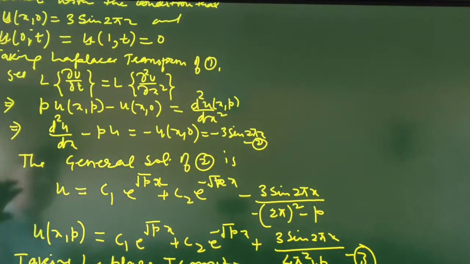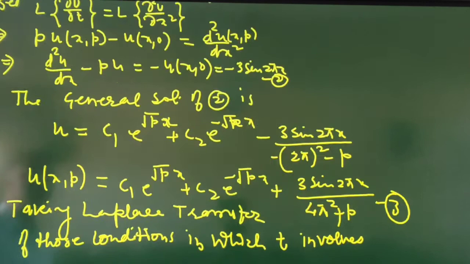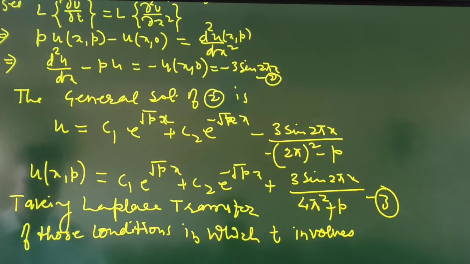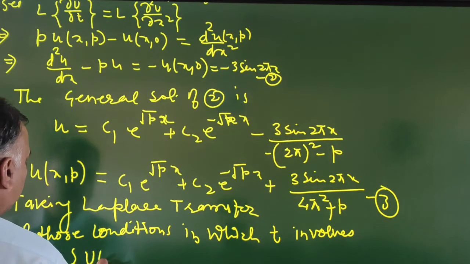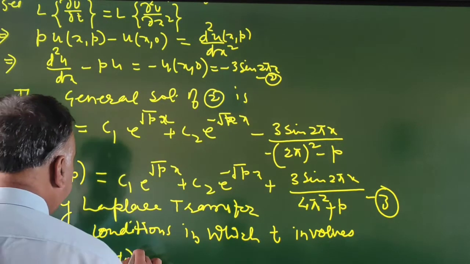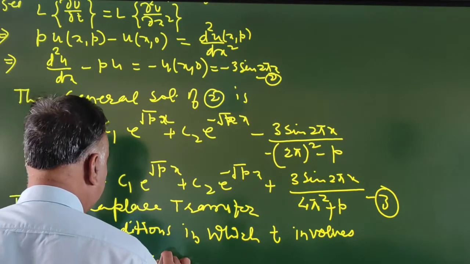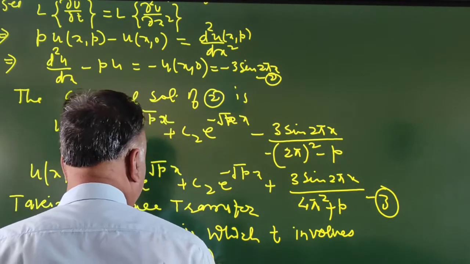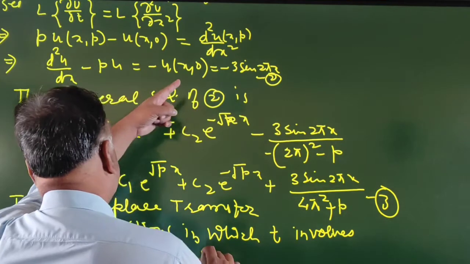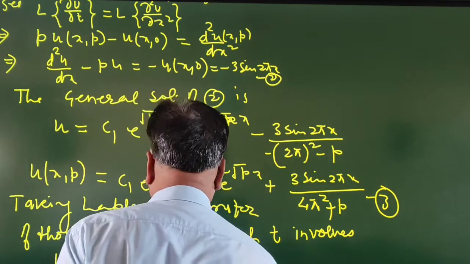So the Laplace transformation of u(0,t) is u(0,p), and it is given to be 0.